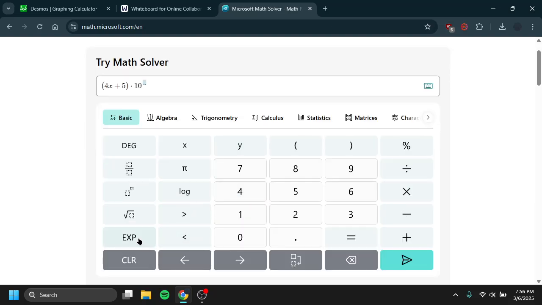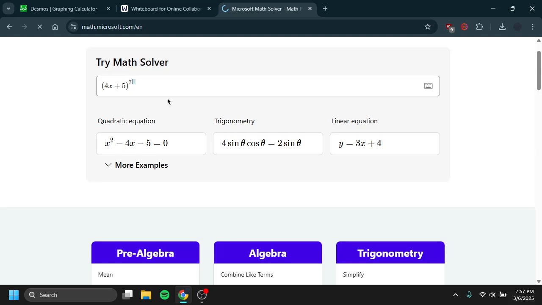Let's see if I could. 4x plus 5 to the 7th.